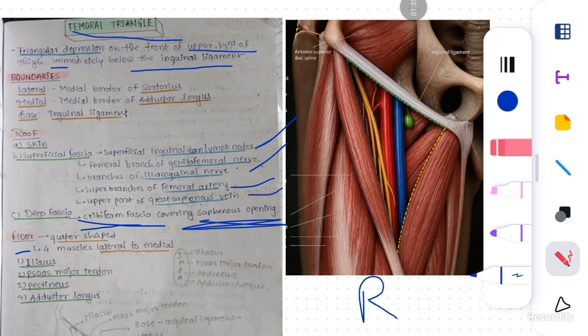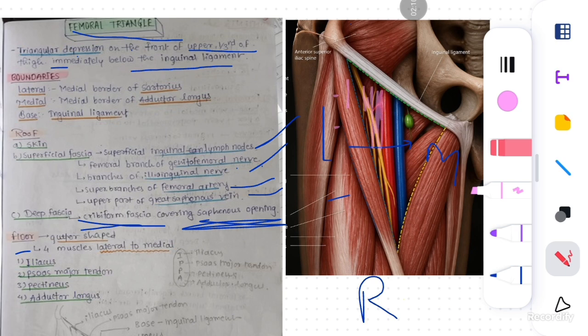So next one is the floor. The floor is gutter shaped and contains four muscles from lateral to medial. First is iliacus, psoas major tendon, pectineus, and adductor longus, and the mnemonic is IPPA. I is iliacus, P is psoas major tendon, next P is pectineus, and fourth is adductor longus.